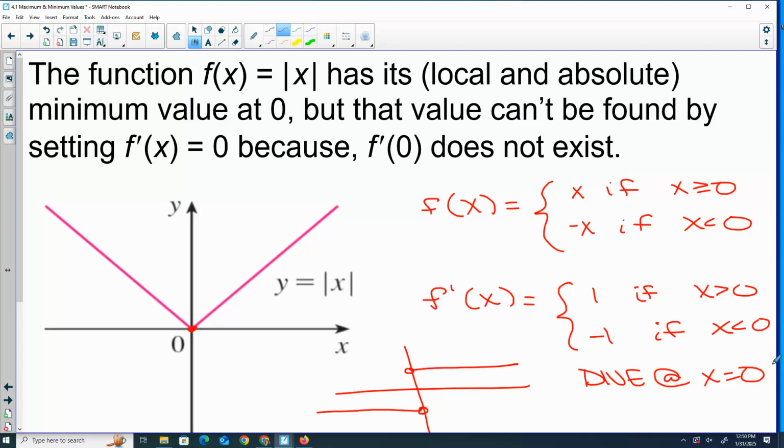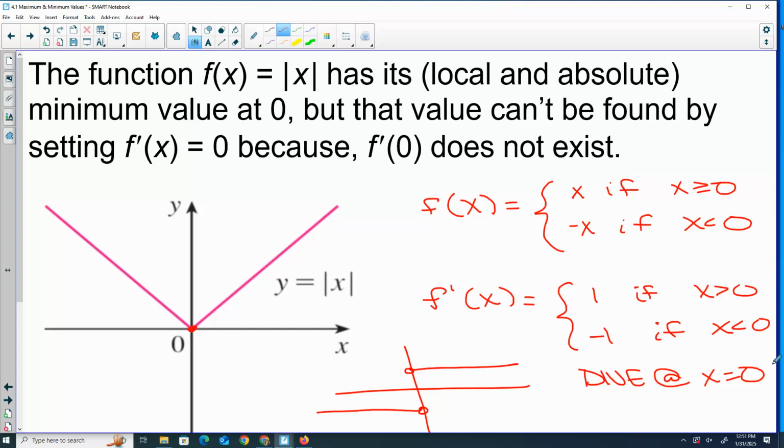So we found that just because the derivative is 0 doesn't mean it has to be a max or min. Here there was a min, but the derivative does not exist. So the places where the maxes and mins happen are when the derivative is 0, or in this case, undefined.